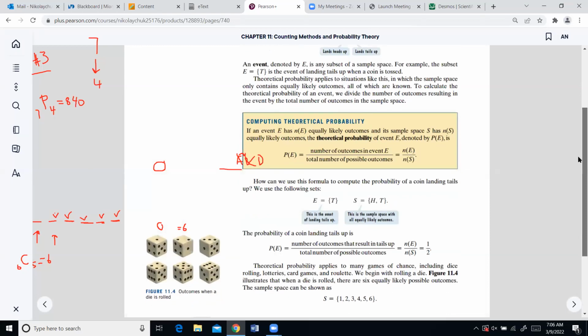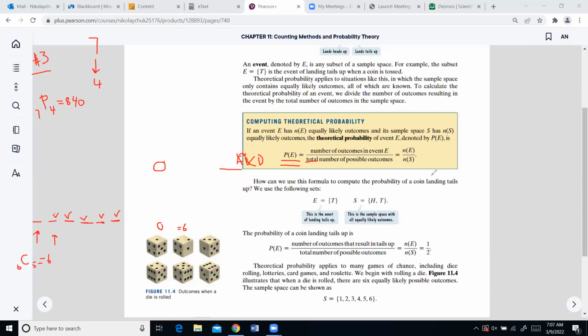So what they have here in the next section is a definition of how we find the probability of any so-called event, and we divide the number of possibilities that you're interested in by the total number of possibilities. So what does that mean? Well, I guess the best way is to take a look at the particular exercises.